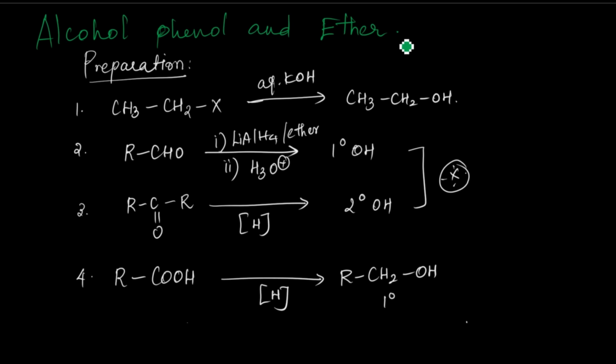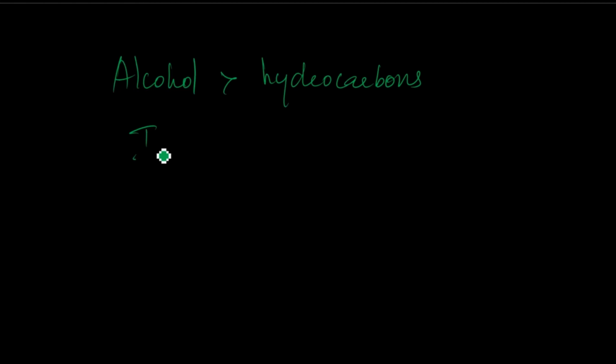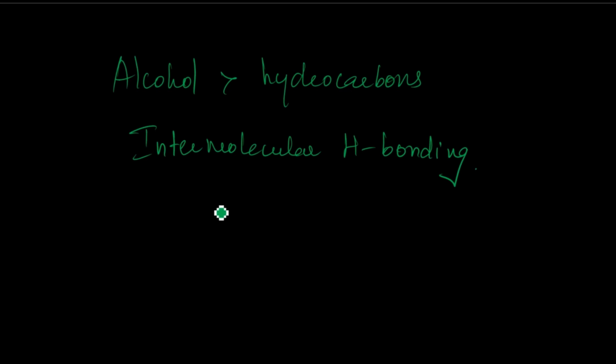Why is that happening? Because of intermolecular hydrogen bonding. Alcohols will have higher boiling point than the corresponding hydrocarbons because of intermolecular hydrogen bonding. Right?